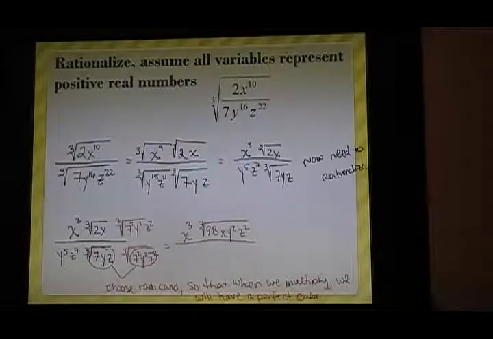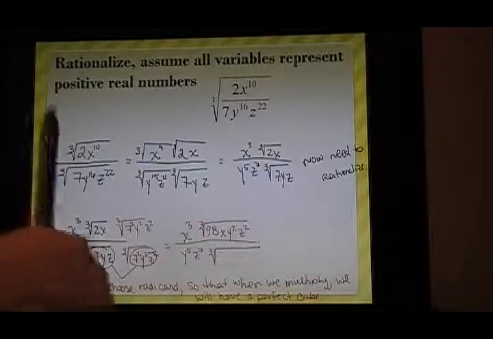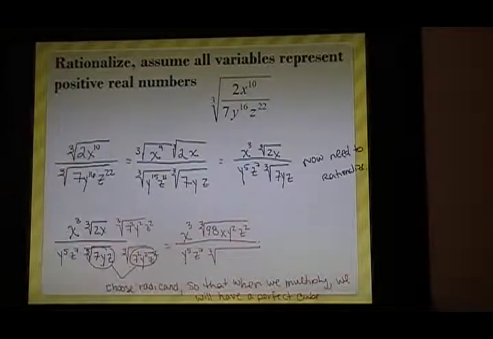In the denominator, I have y to the fifth, z to the seventh, times the cubed root of, so 7 times 49 is 343, but that's a perfect cube, right? y times y squared is y to the third, and z times z squared is z to the third.